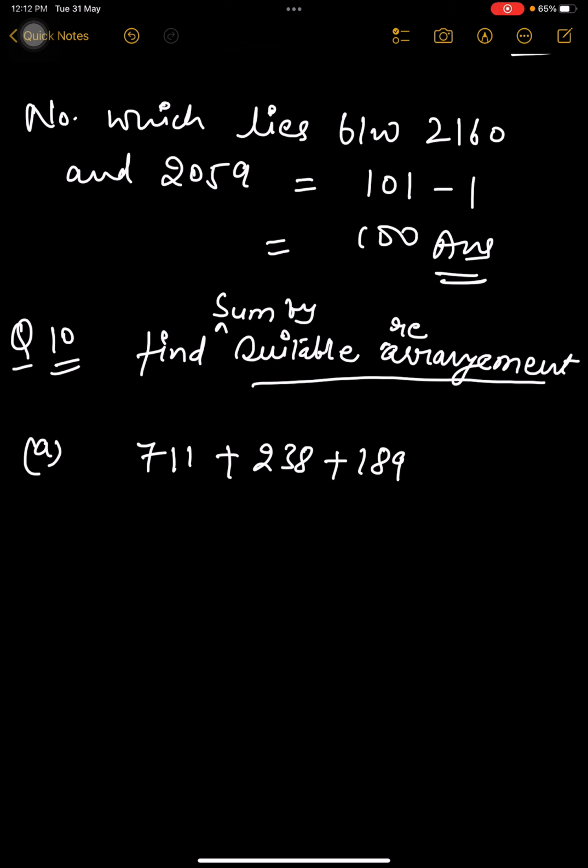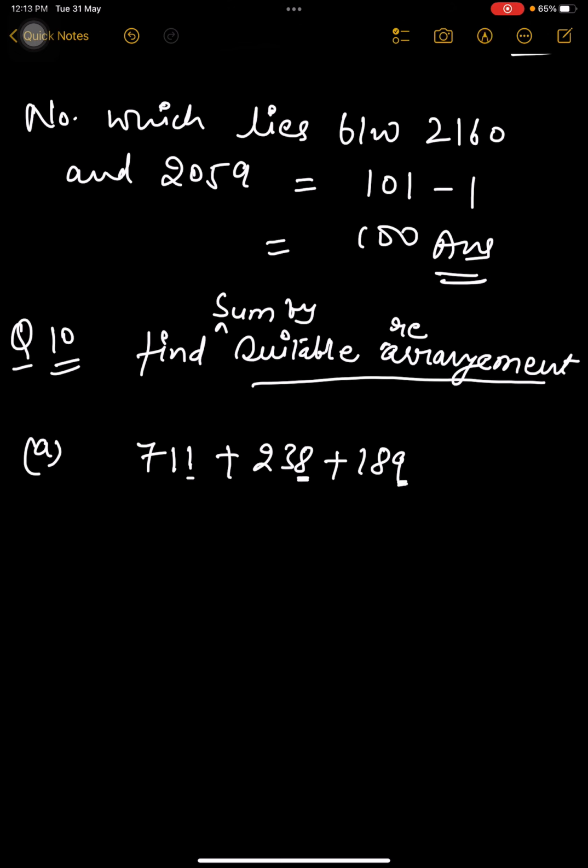While adding these numbers, we have to add two numbers first. So which two numbers should I take? Whenever such a question is given to you, always look at the unit place of the given numbers. At the unit place, in the first number we have 1, in the second number we have 8, and in the last number we have 9.